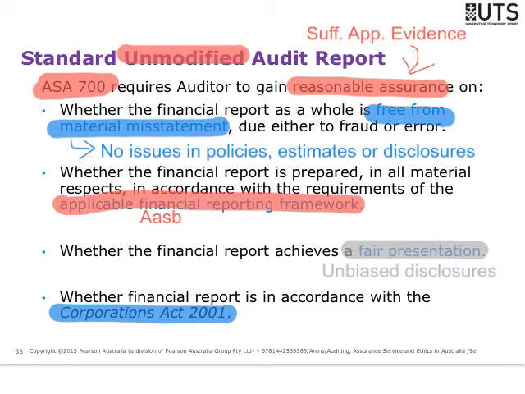The financial statements follow the accounting framework. There is fair presentation of the annual report, meaning that there are no biased disclosures or information. And we follow the Corporations Act. Okay, so that's the basis for issuing an unmodified audit report.